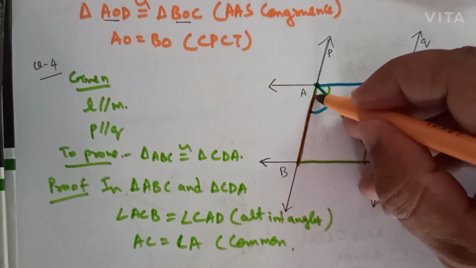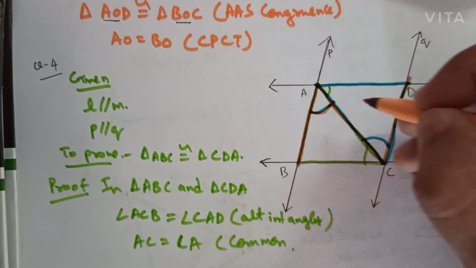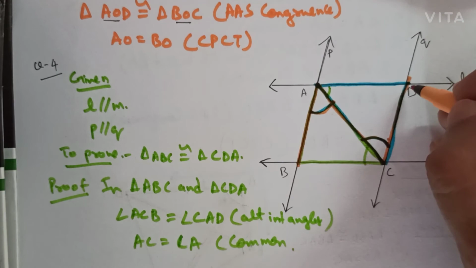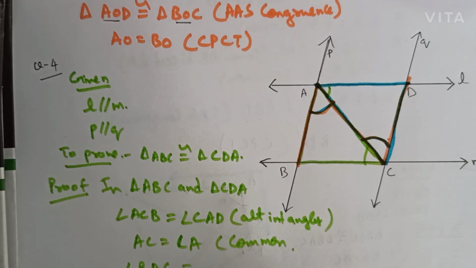This is making a Z. So this angle and this angle will be equal. So we can say that in triangle BAC, angle BAC is equal to angle ACD.